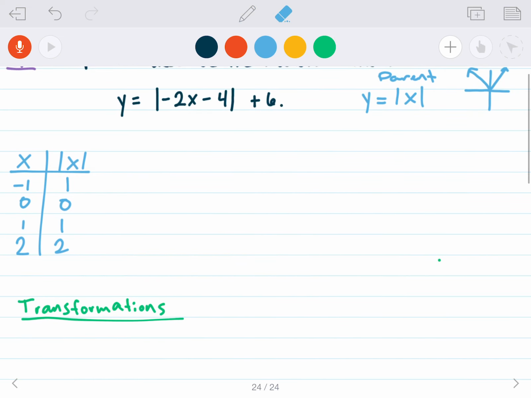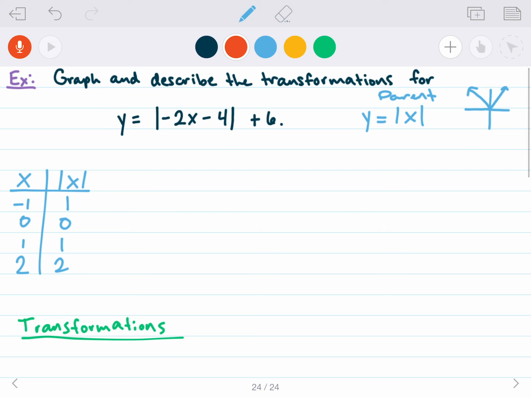The first thing I should do, I always want this number in front of x to be 1. So I need to factor out that -2 first.